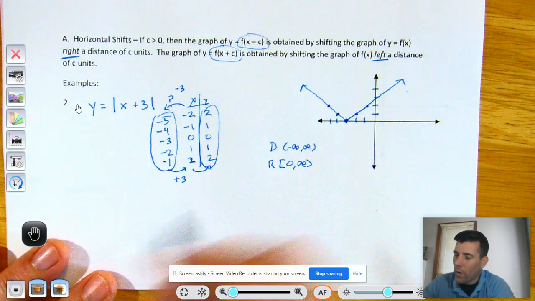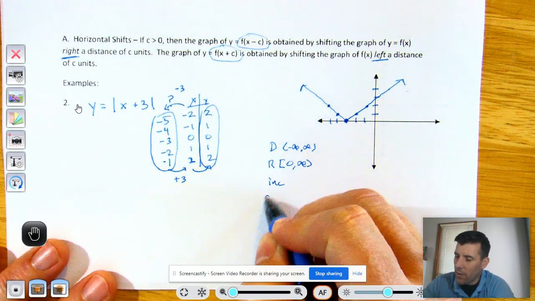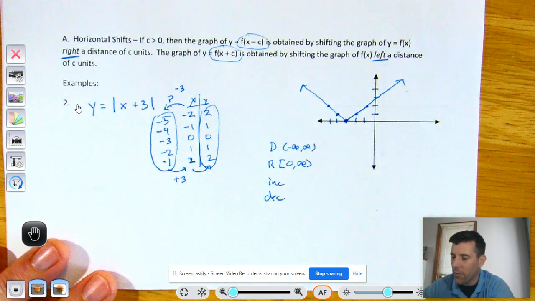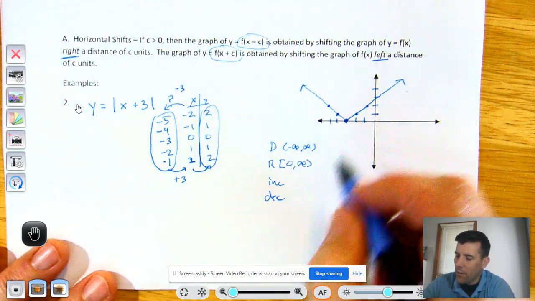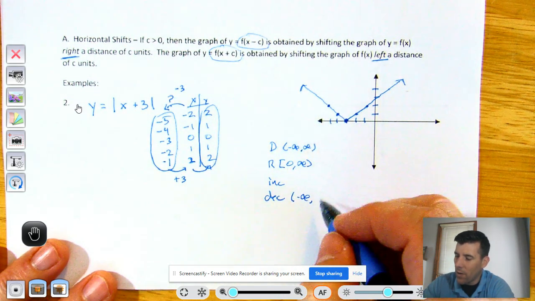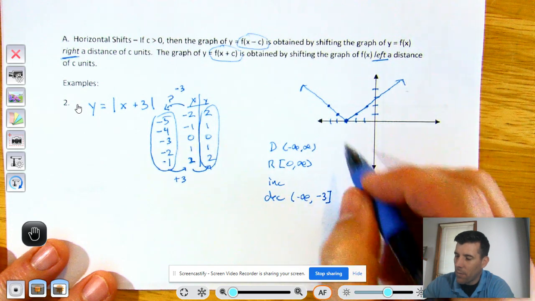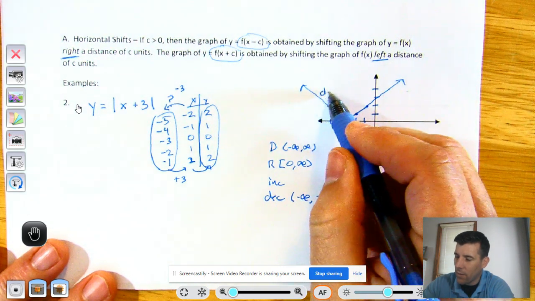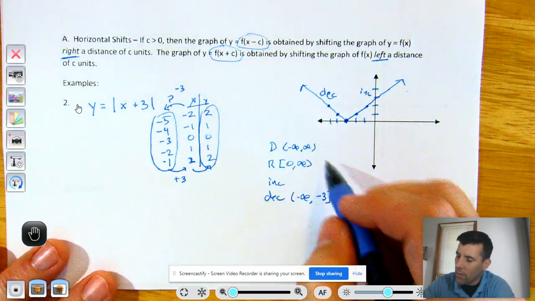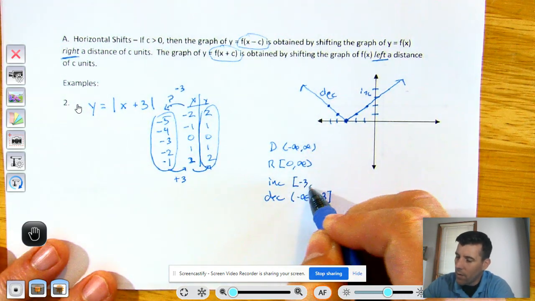What does change is where it's increasing and where it's decreasing. It used to decrease to 0 and increase after 0. Now it's decreasing from -infinity to -3, and it's increasing from -3 to infinity.